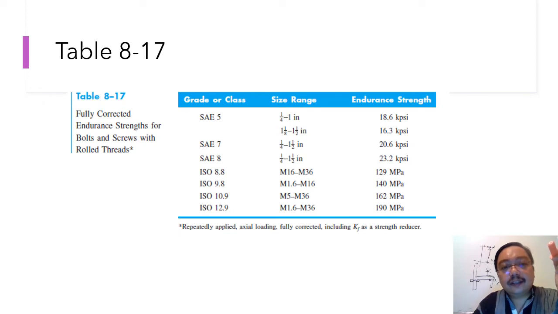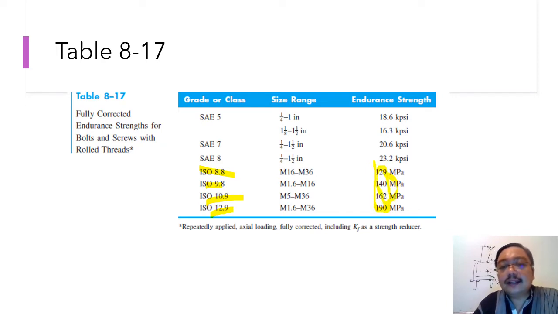Okay, this is Table 8-17 for fully corrected endurance strength for bolts and screws with rolled threads. This is the grade or class, this is the size range, this is the endurance strength. You see it increases in value. So you see here ISO 8.8, 9.8, 10.9, 12.9. The value increases.